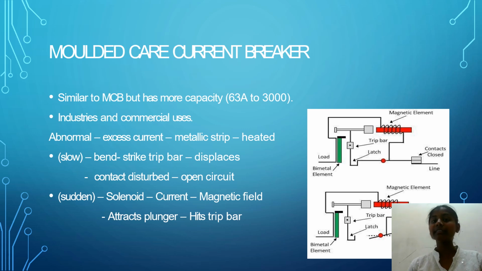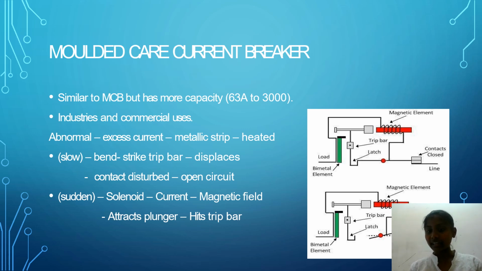The first is when the current is increasing gradually, step by step, for example 1 ampere of overload, 2 amperes of overload. So what will happen when the current is increasing slowly? And if the current suddenly increases, then what will happen? First we see when the current is slowly increased.